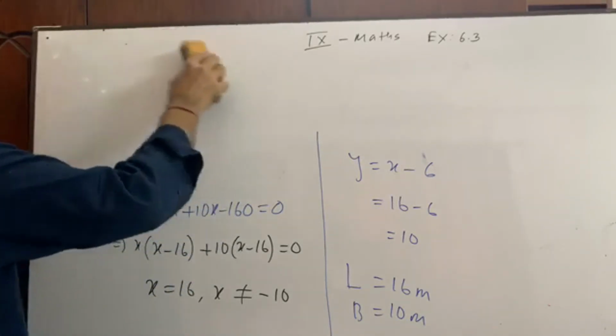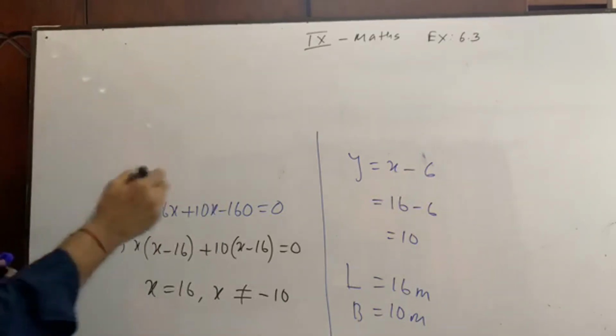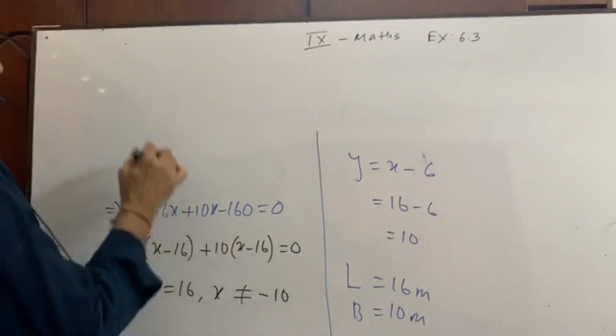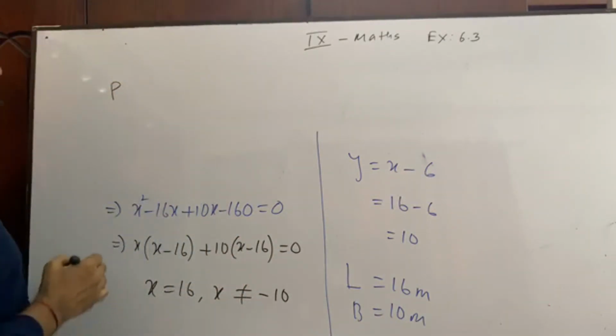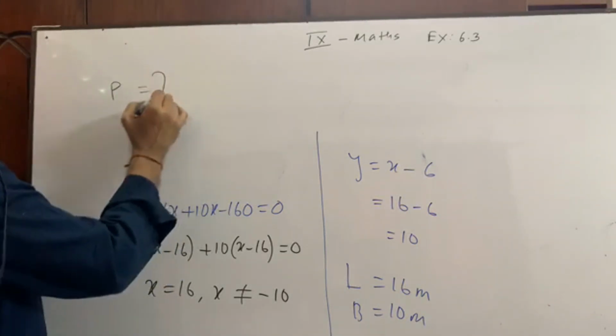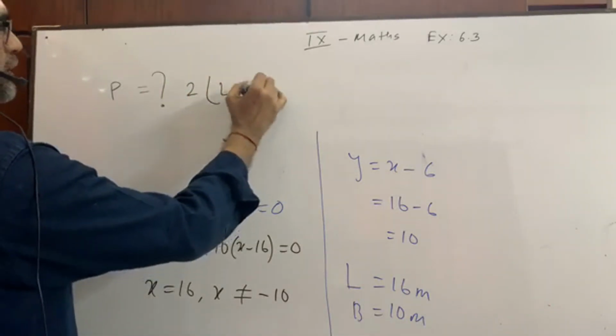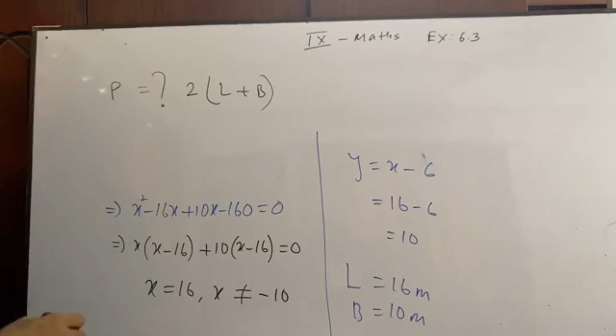Now suppose you are told to determine the perimeter of the rectangle. You can find 2 into (length plus breadth). You will put this in. What is the perimeter?